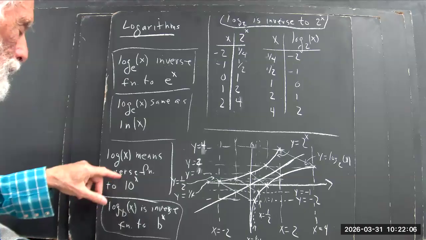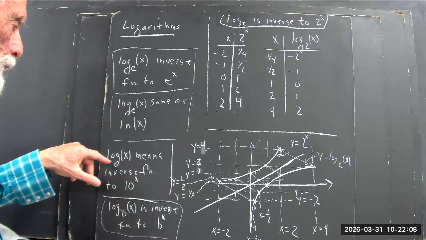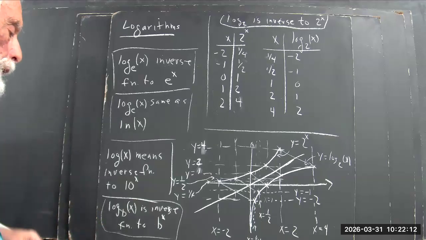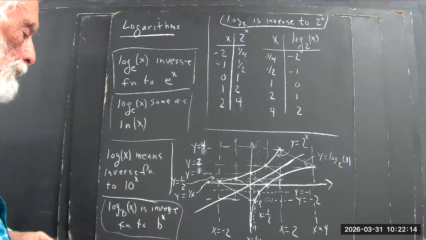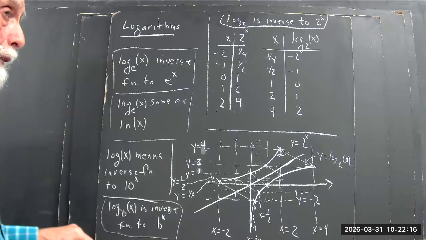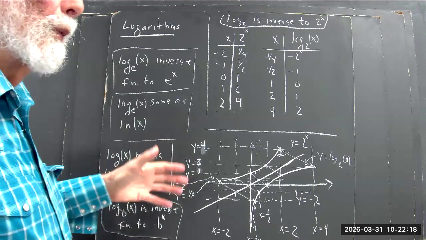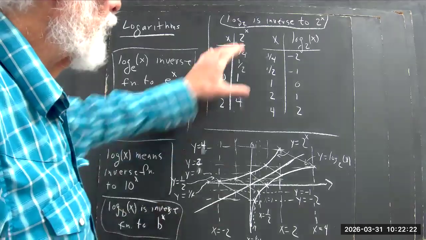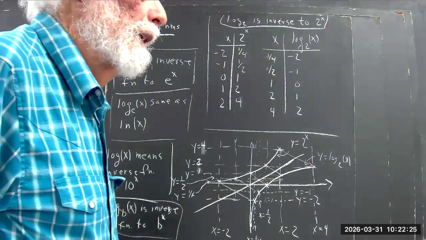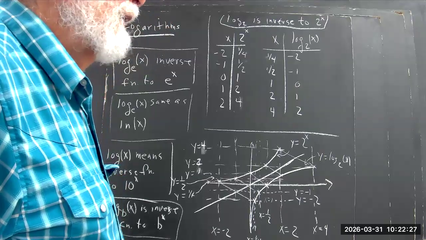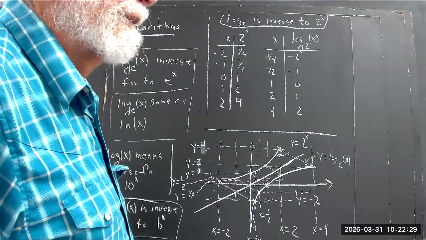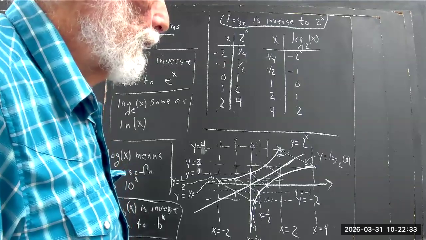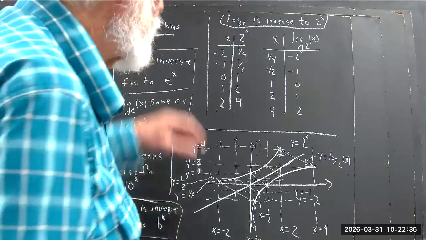The 10 to the x function and the log x function are very important in many scientific notations when you talk about very large or very small quantities. The other log functions are very handy in solving the equations you get in a number of very important applications.